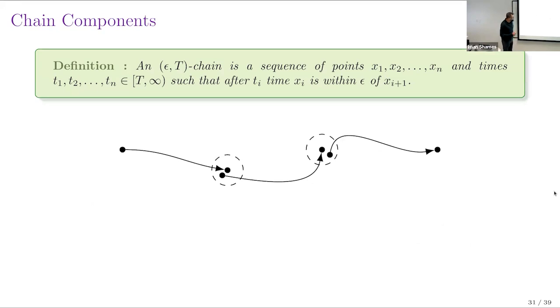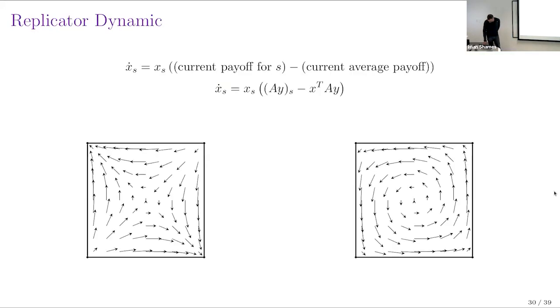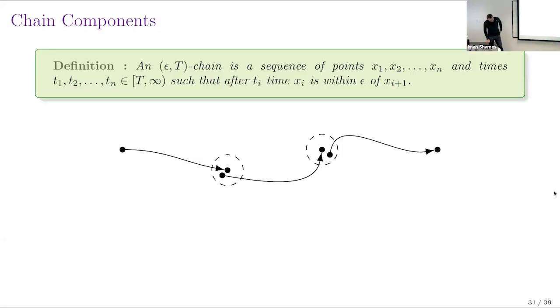Chain components. Okay. Does anyone remember homoclinic orbits and heteroclinic orbits? Don't worry about it. So there is this notion of an epsilon-T chain as a sequence of points. It's like I have flows of my dynamical system that almost are in the neighborhood of each other.